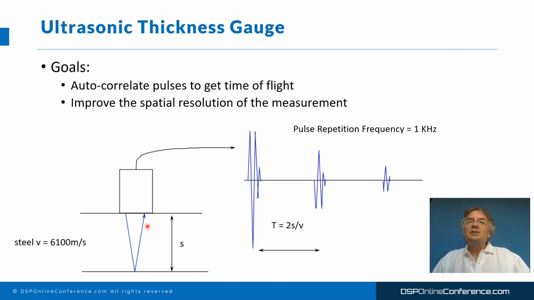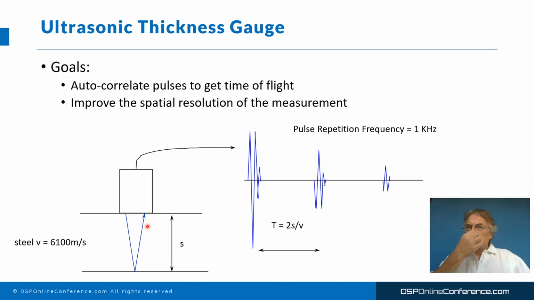But in this application, an ultrasound transducer is being used to send pulses of signals through sheet steel, and using a correlation approach to detect the thickness of the steel from the time of flight of the ultrasound signal through the steel.